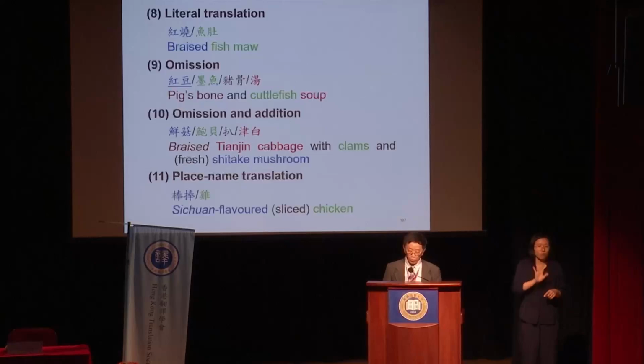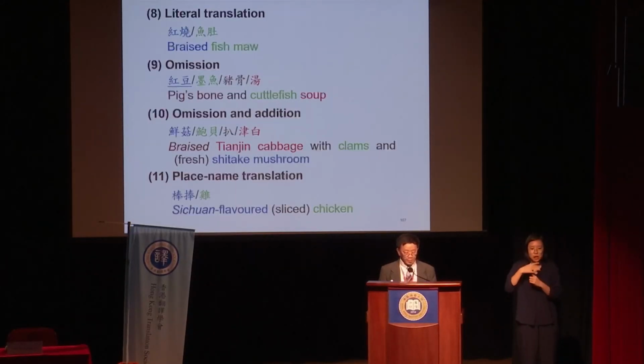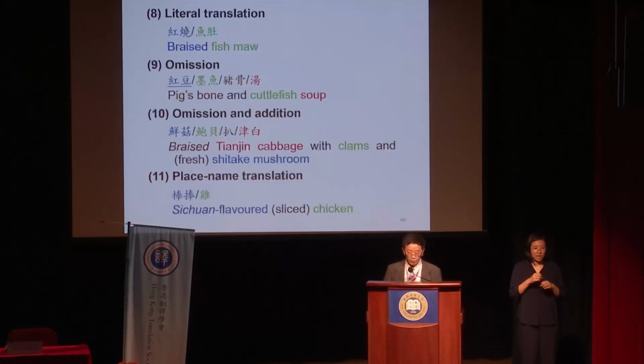And then you also have translations which have omissions and additions. Say if you have 香菇包贝 Pa, 金白, we put in addition of braised. 金白 is there, but what is omitted? 香菇?